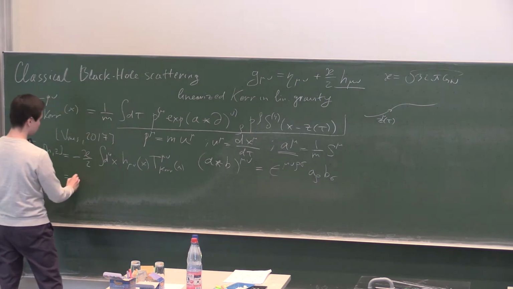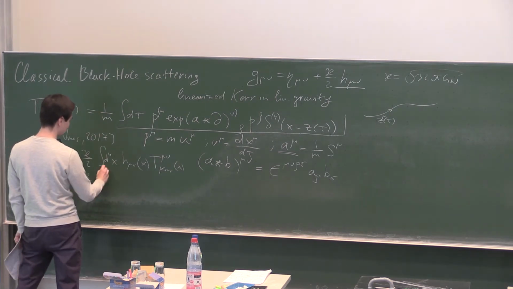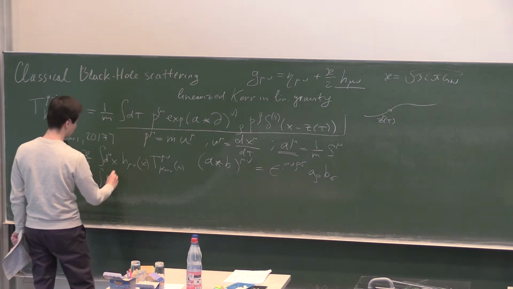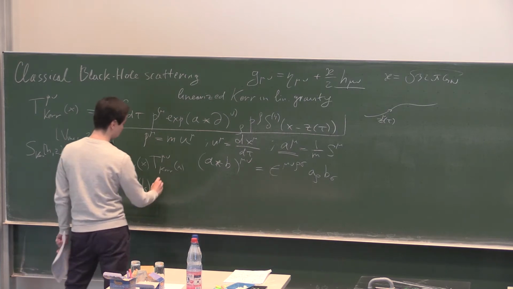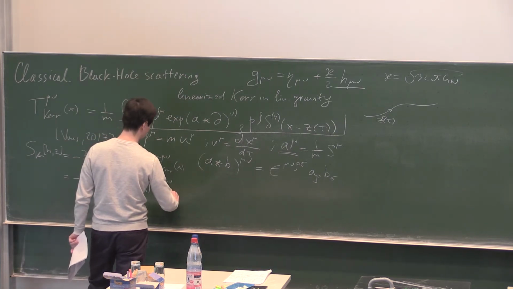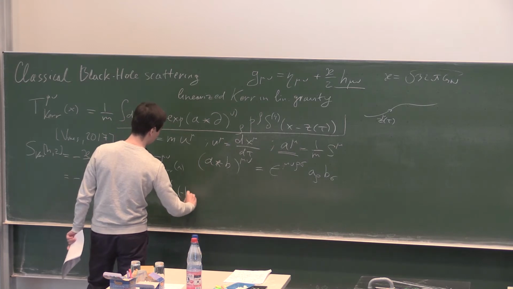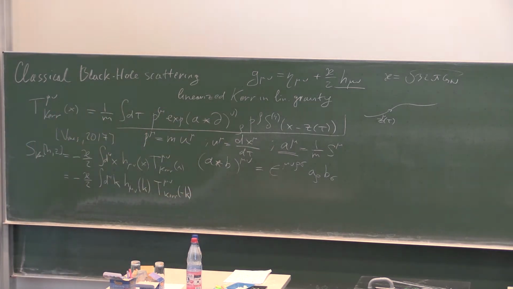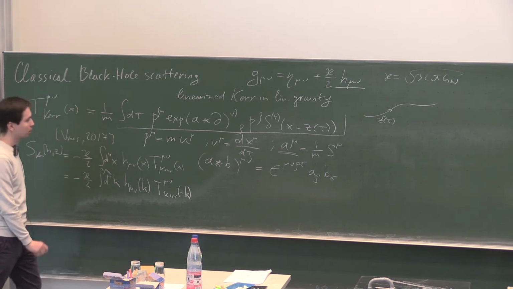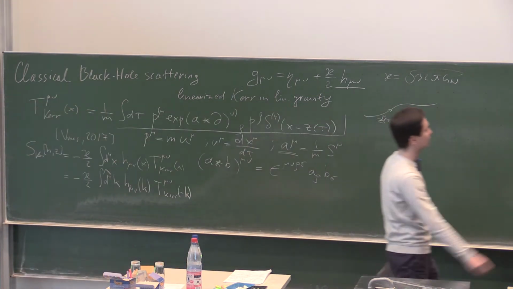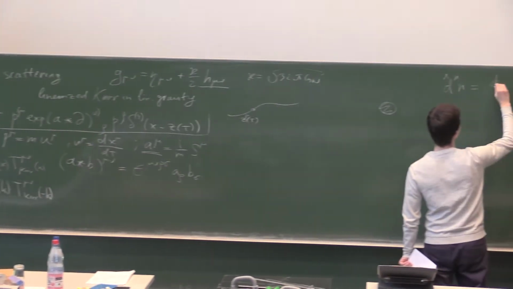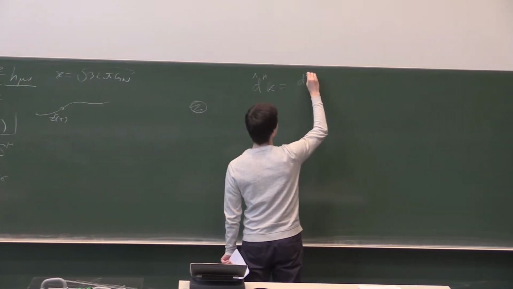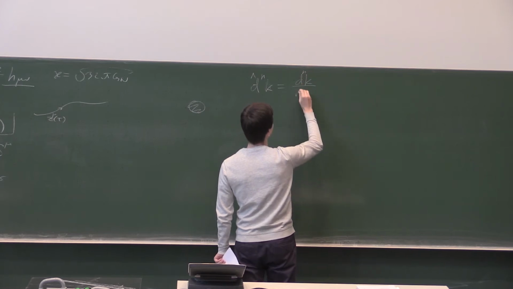So now I want to go to momentum space. And I'll use Donald's notation, where whenever there's a hat on some phase space, that means it's just the phase space divided by 2 pi's.